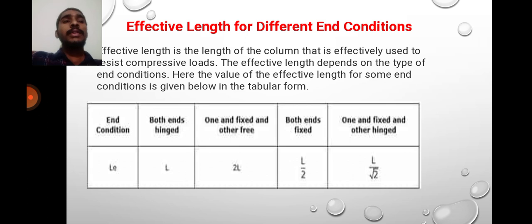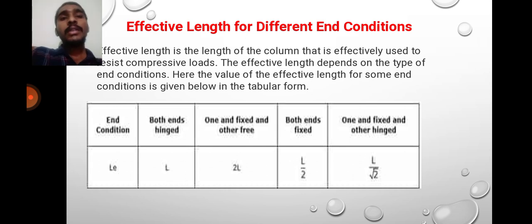Effective length for different end conditions. There will be some effective length for the different end conditions. Effective length is nothing but the length of a column that is effectively used to resist compressive load.